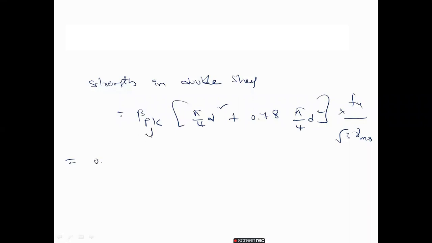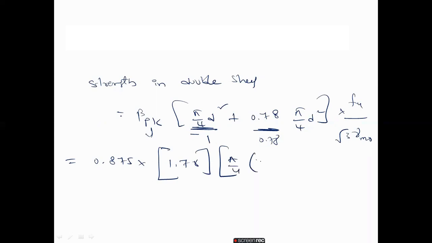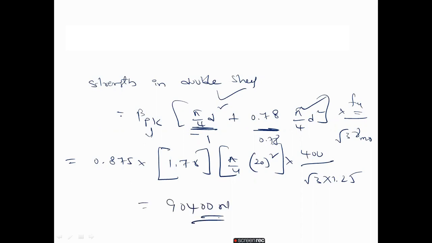Beta pk we got already as 0.875. Substituting, 5 by 4 pi d square by 4, and taking 1.78 common, pi by 4 into d square is 20 square. Now fu is 400 by root 3 into 1.25, the partial safety factor. So we got the strength in double shear.